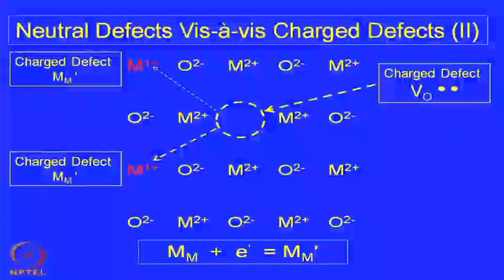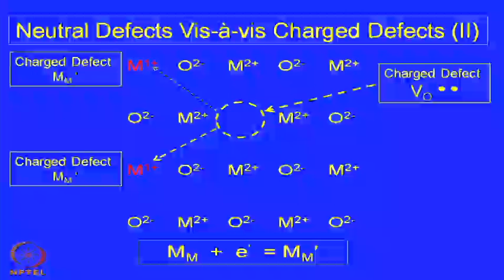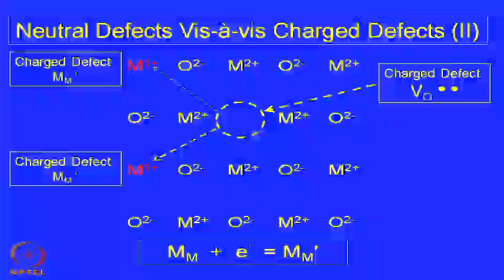As a consequence, this has released two electrons to the system, and when it adds to the M2 plus, the M becomes M plus 1. Instead of plus 2, it has become plus 1, because one negative charge has been added, and that particular metal is capable of changing its valency from plus 2 to plus 1.